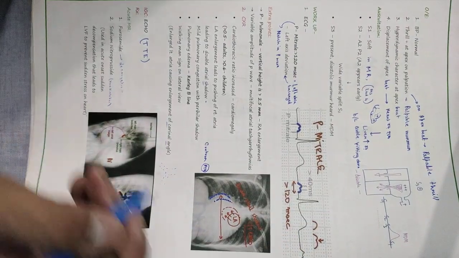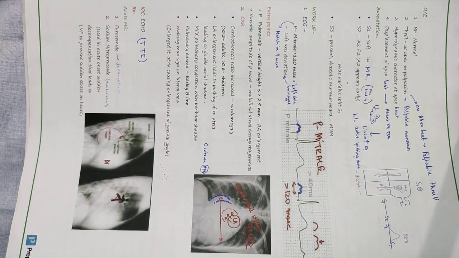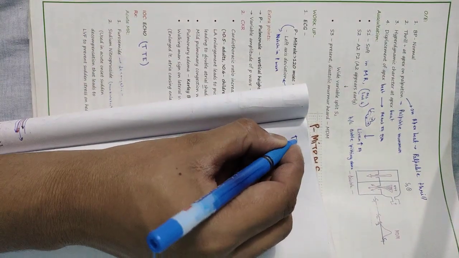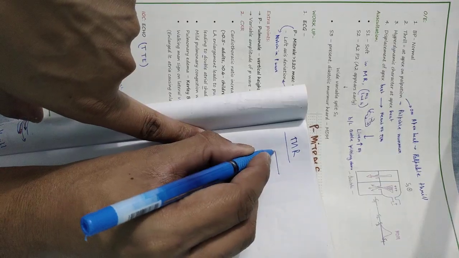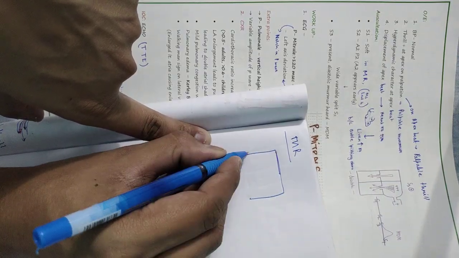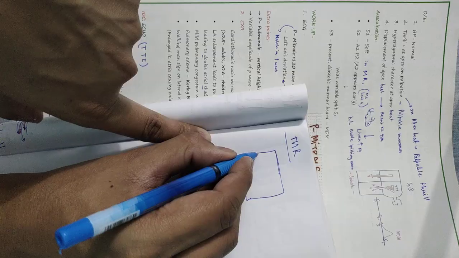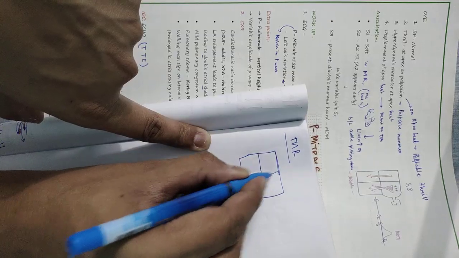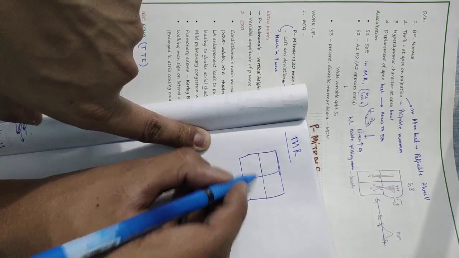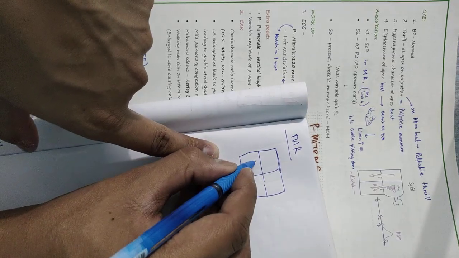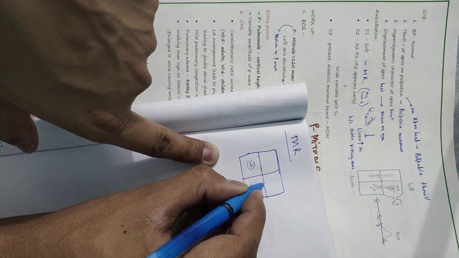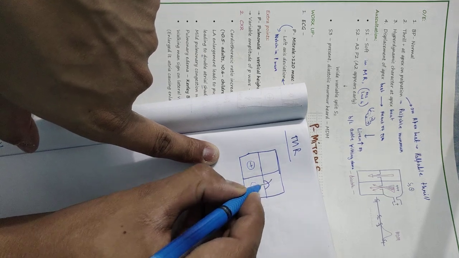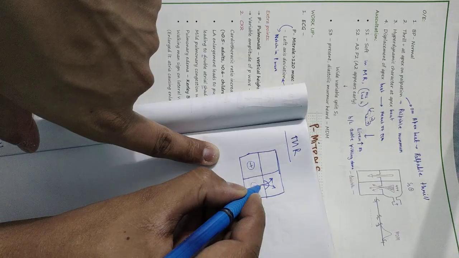In mitral regurgitation, there is simply a leakage, so blood will come out.